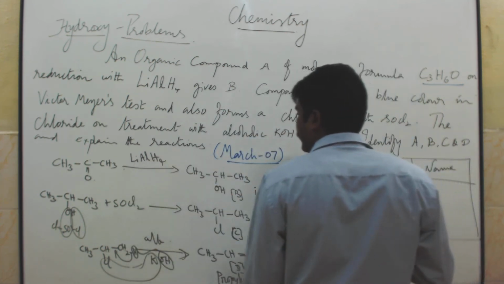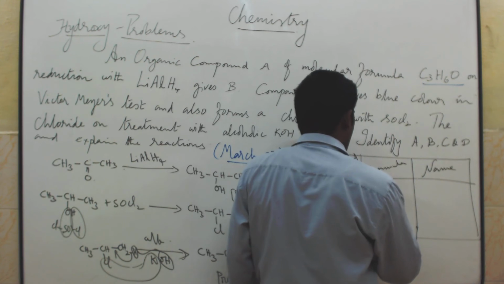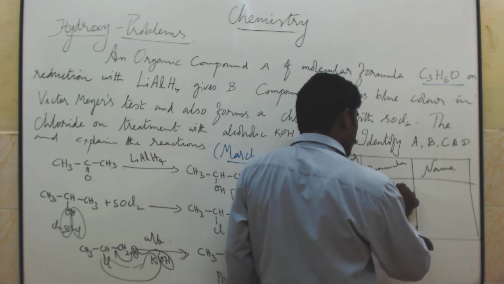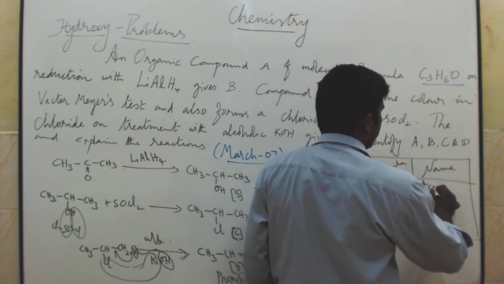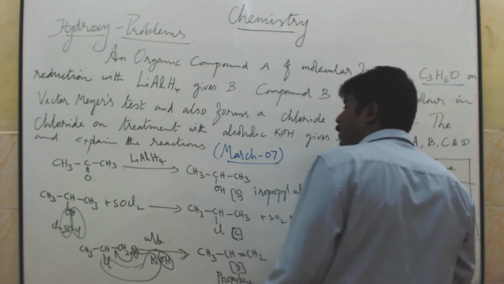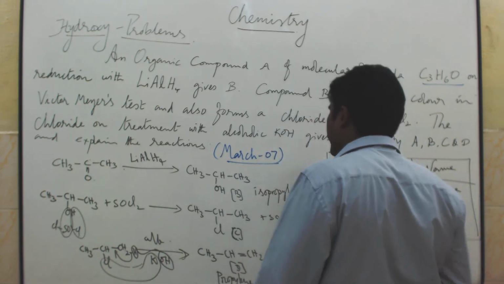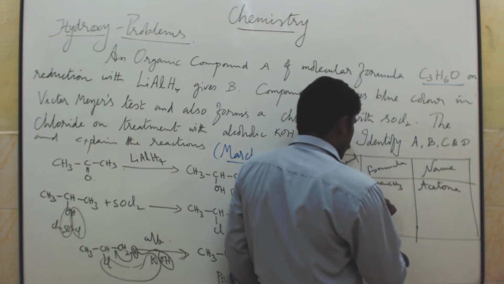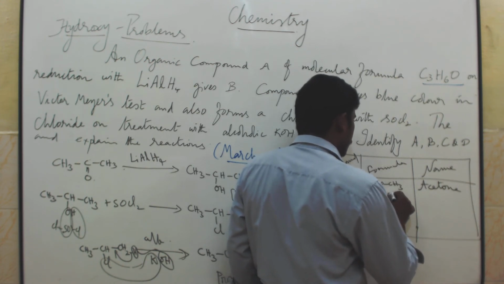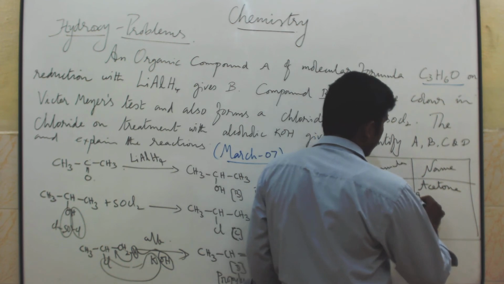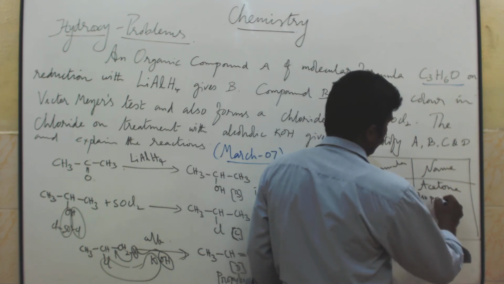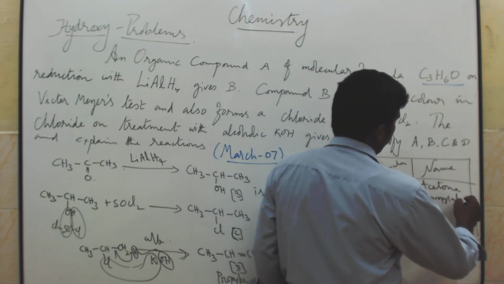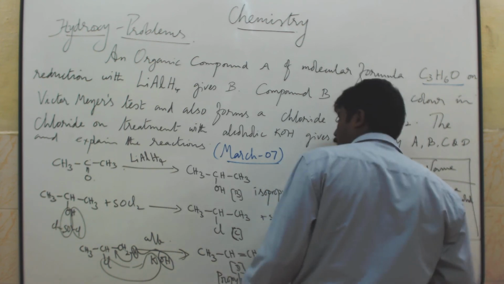What is A? A is acetone, formula CH3-CO-CH3, name acetone. What is B? Isopropyl alcohol, CH3-CH-OH-CH3, namely isopropyl alcohol.